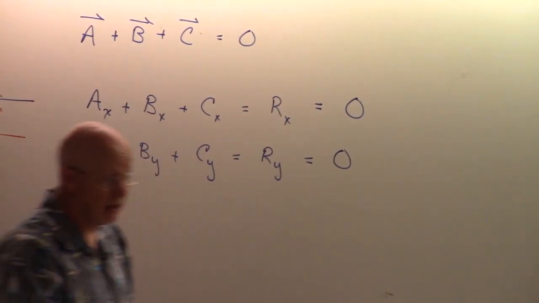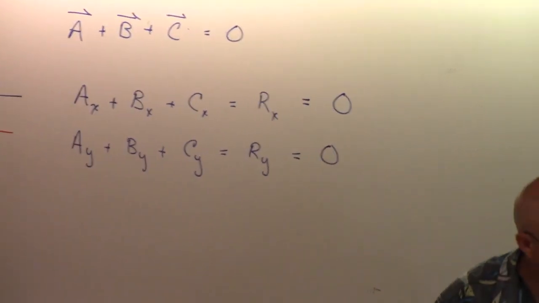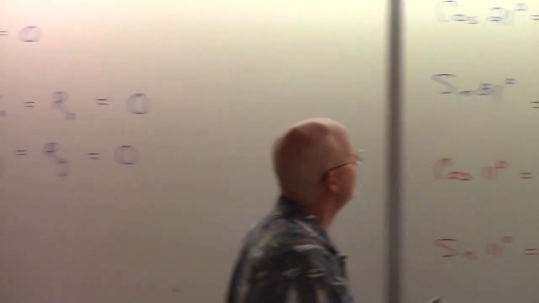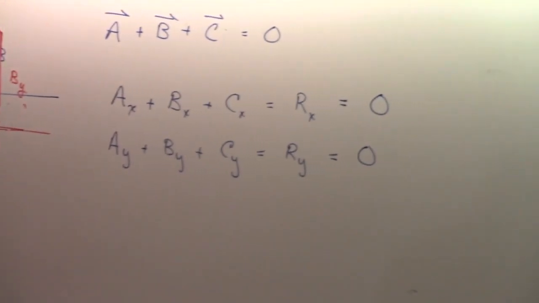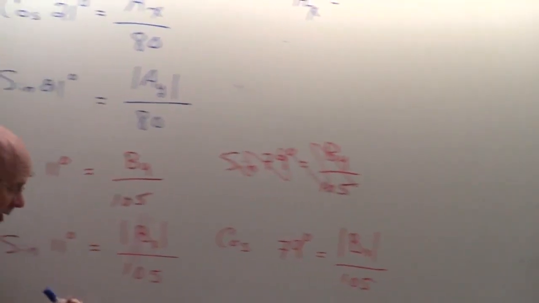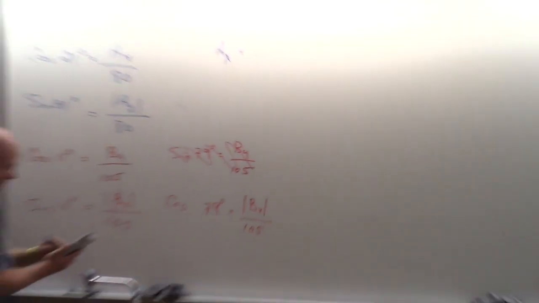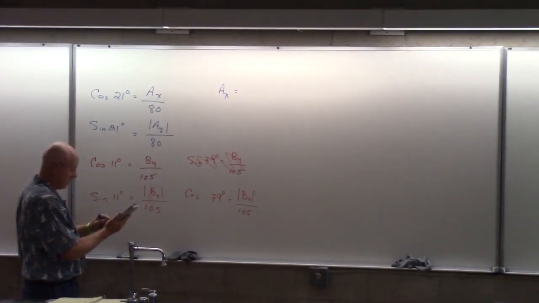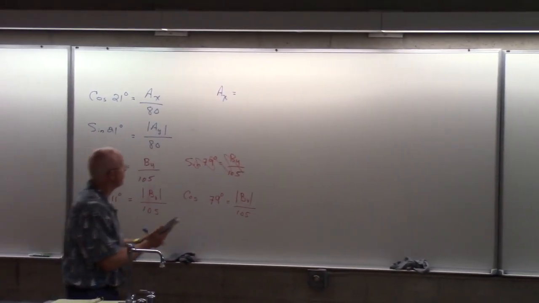So we can get out our calculator now and solve for, say, Ax. Where's my blue one? Ax is 80 times the cosine of 21.